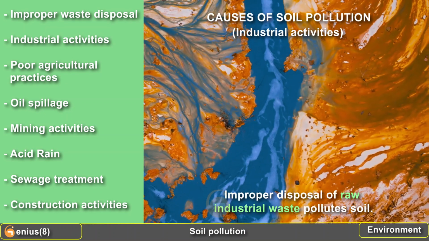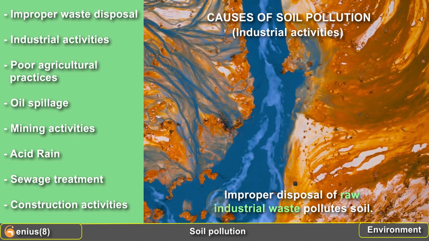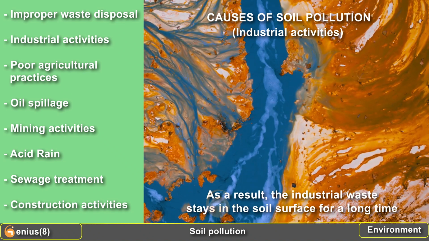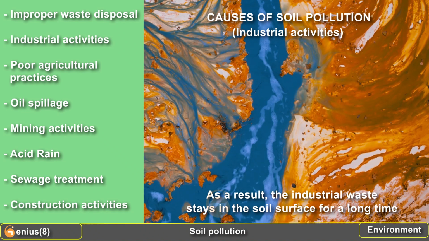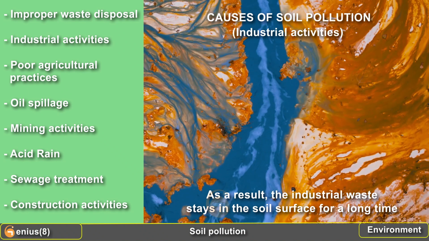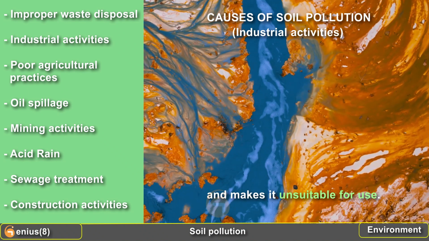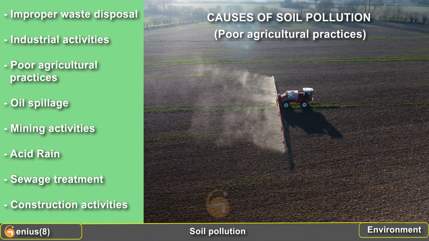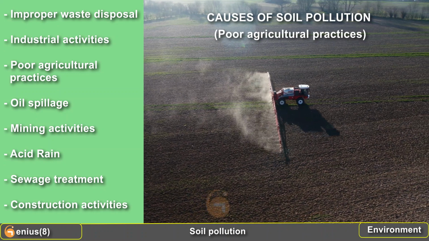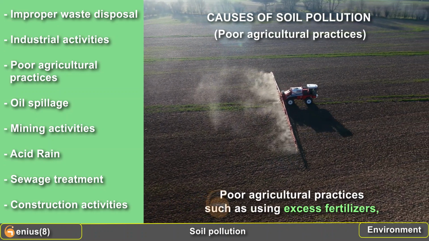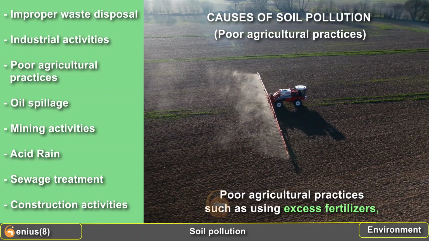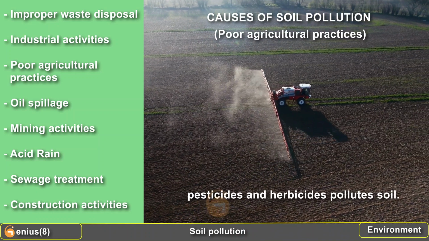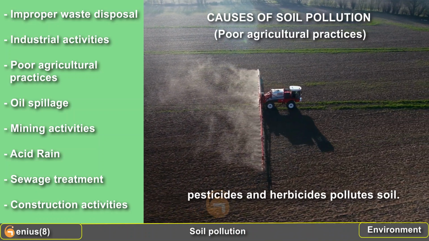Improper disposal of raw industrial waste pollutes soil. As a result, the industrial waste stays in the soil surface for a long time and makes it unsuitable for use. Poor agricultural practices. Poor agricultural practices such as using excess fertilizers, pesticides and herbicides pollute soil.